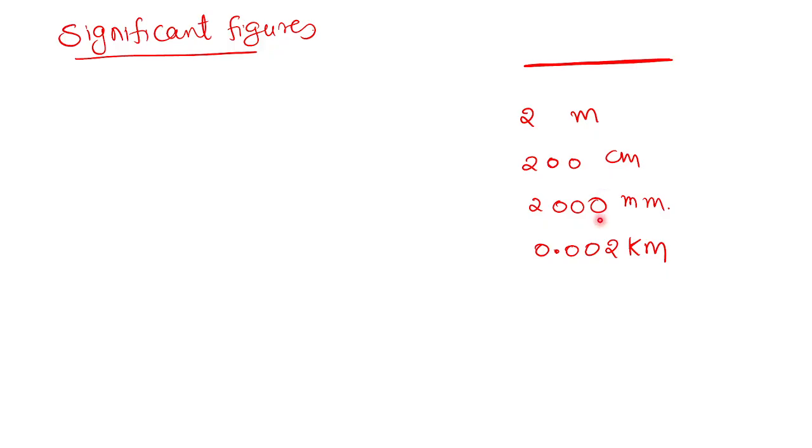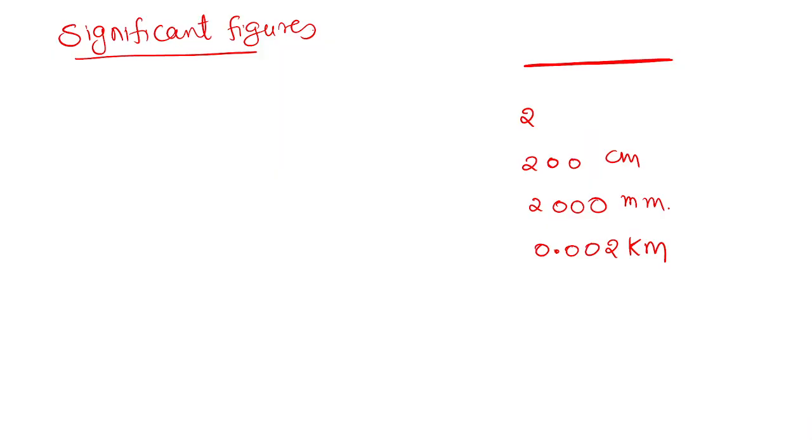If you read it along with the unit, everything is the same. Correct? 2 meter and 200 centimeter, both are the same. 2 meter and 2000 millimeter, it's actually the same. 2 meter and 0.002 kilometer, they are the same.